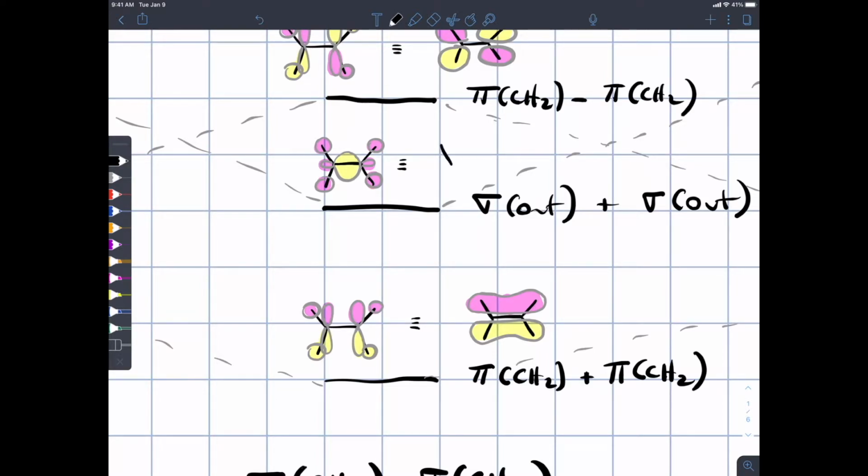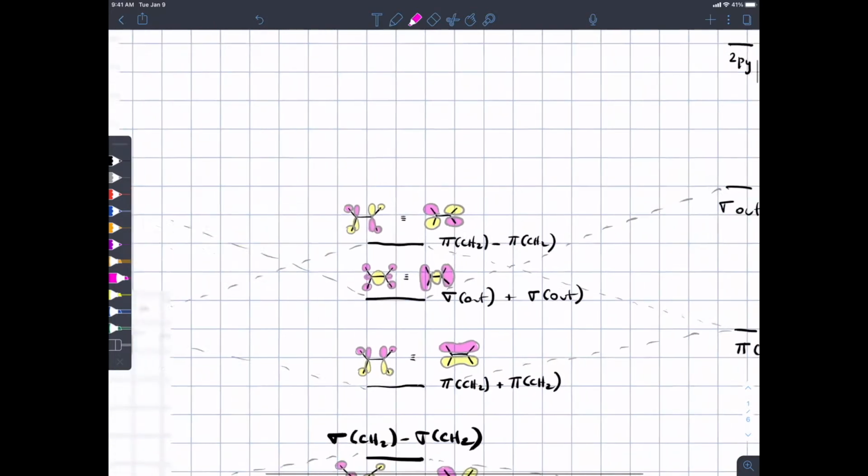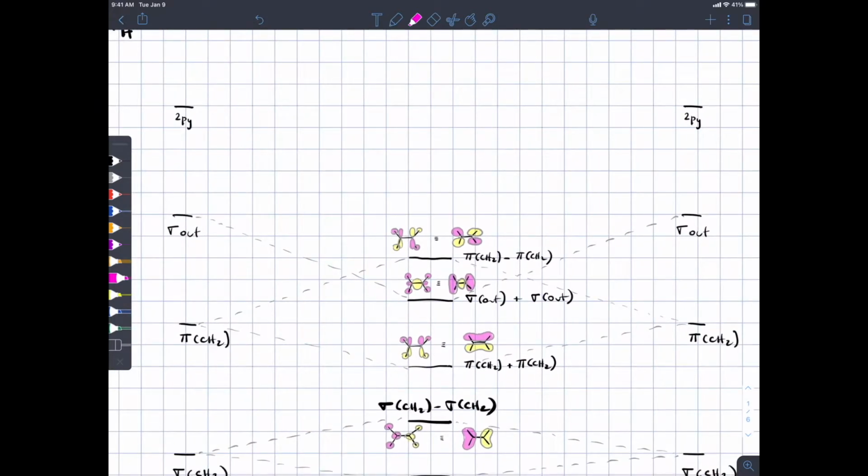If you were to do the MO calculations and draw what this looks like, it sort of looks like a TIE fighter from Star Wars, if you don't know.